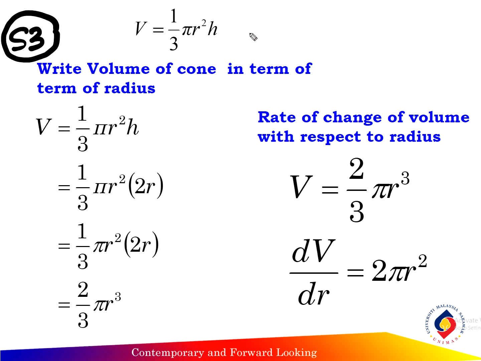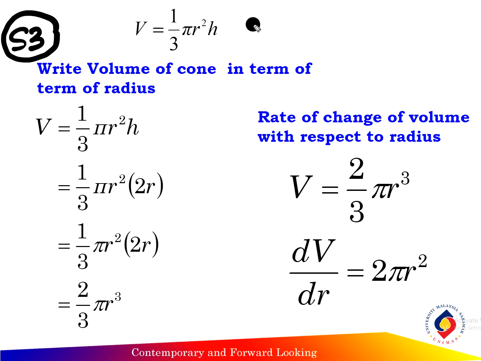The volume of a cone equals 1 over 3 pi r square times h.